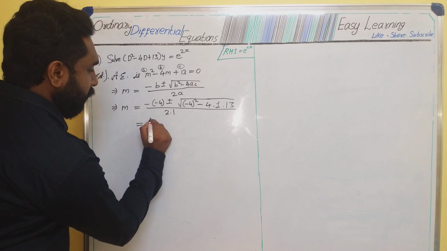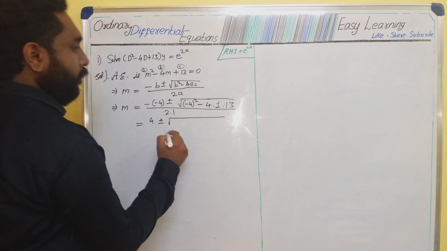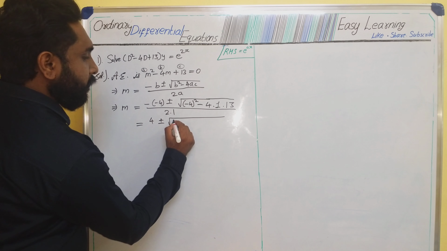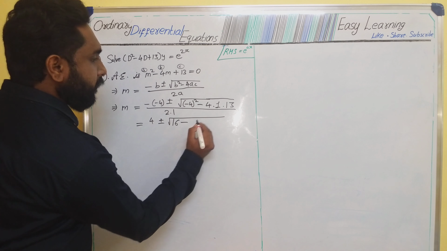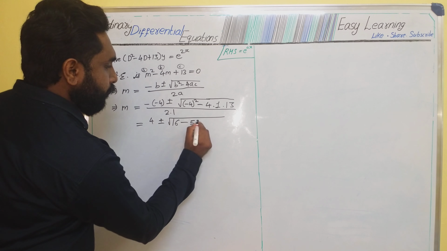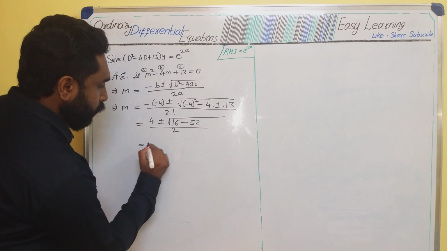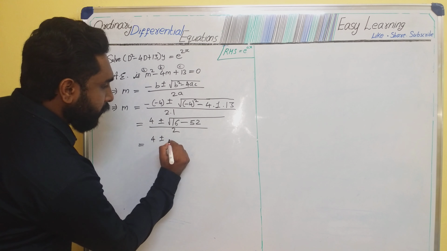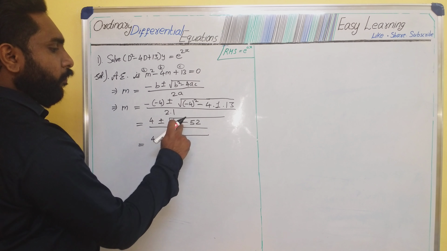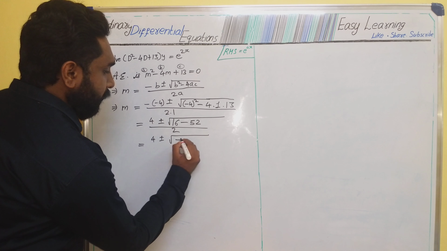So let's solve. Minus into minus is plus. Plus 4 plus or minus square root of minus 4 whole square, that means plus 16, minus 4 into 1 into 13, it's 52, by 2 into 1, 2. Equal to 4 plus or minus square root of 16 minus 52. So 16 minus 52 gives minus 36.